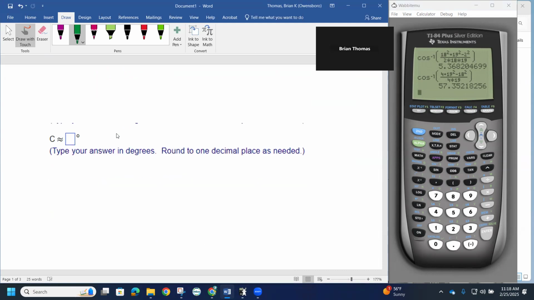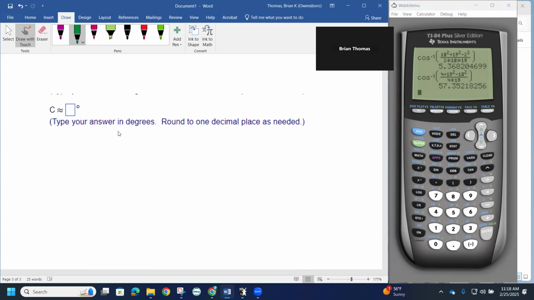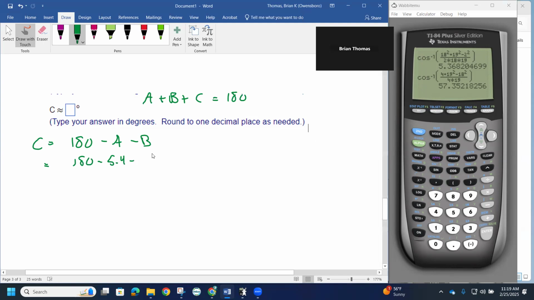Our next question is, can you find angle C? Remember, angle A plus angle B plus angle C is equal to 180 degrees. So C is going to equal 180 minus A minus B. So A we said was 5.4, so it's going to be 180 minus 5.4. And B was 57.4, minus 57.4.